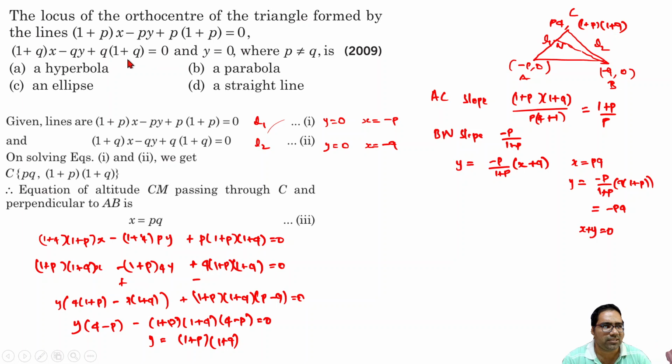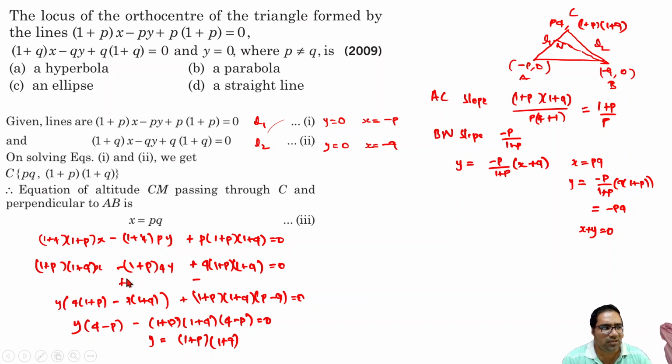Similarly, let us multiply the second equation with 1 plus p. (1 plus p)(1 plus q)x minus (1 plus p)q y plus (1 plus p)(1 plus q)q. Right. Now let us subtract the second one from the first one. So these two will get cancelled.